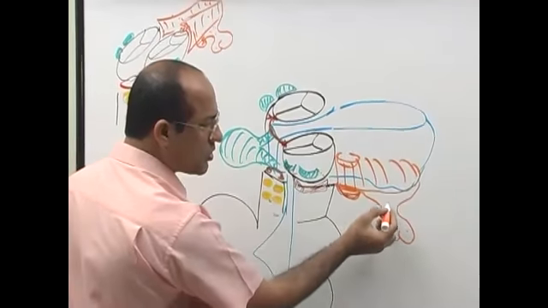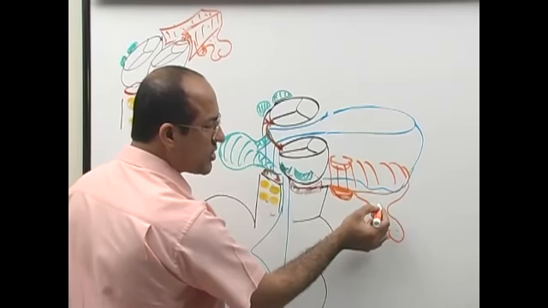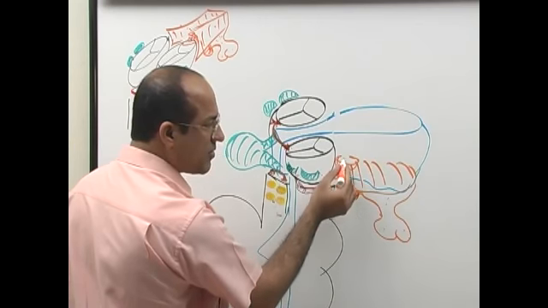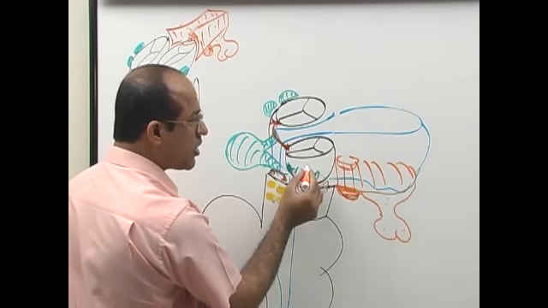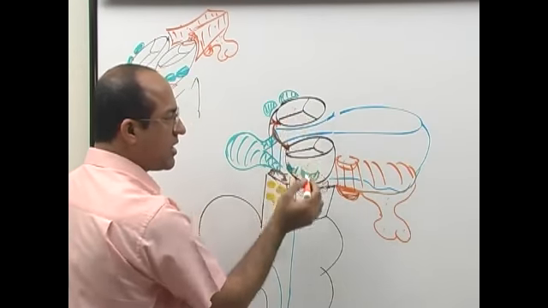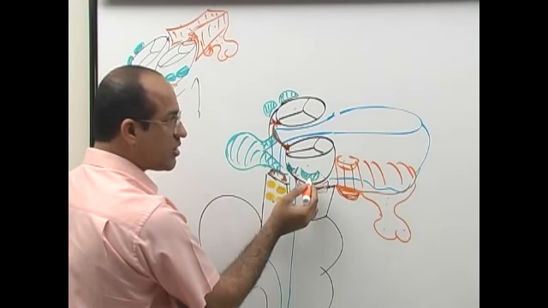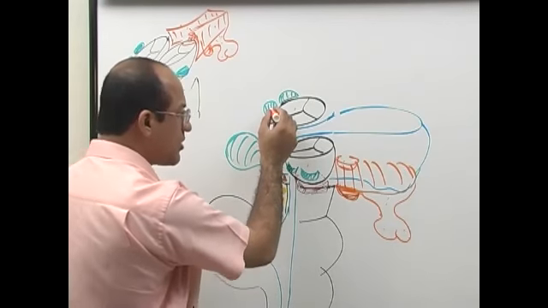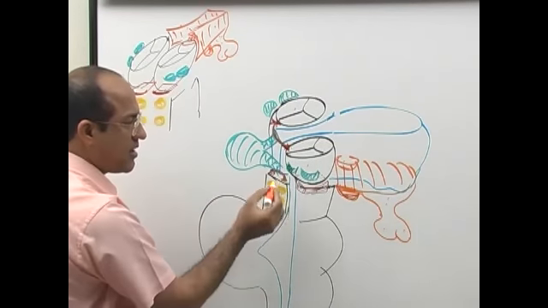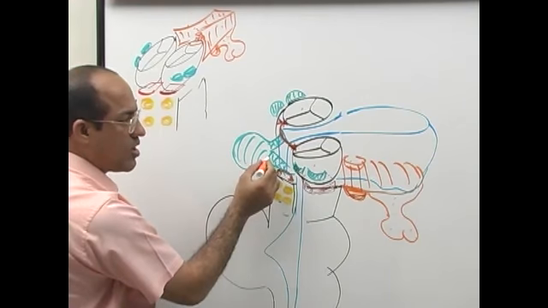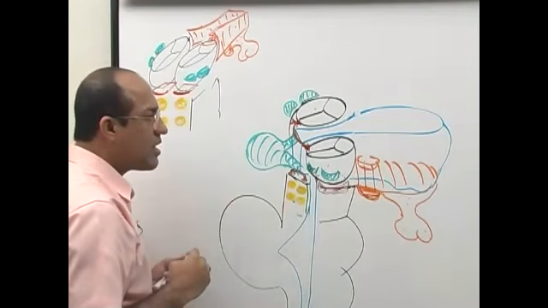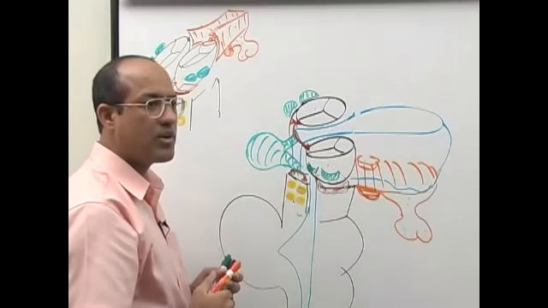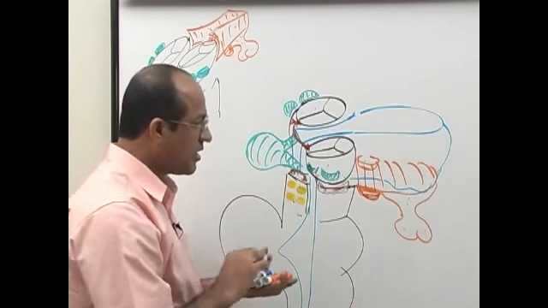Anterior pituitary, posterior pituitary, tuber cinereum, median eminence, right mammillary body, left mammillary body, right dorsal thalamus, left dorsal thalamus, right lateral geniculate body, left lateral geniculate body, right medial geniculate body, left medial geniculate body, right? And what is this? Pineal body.